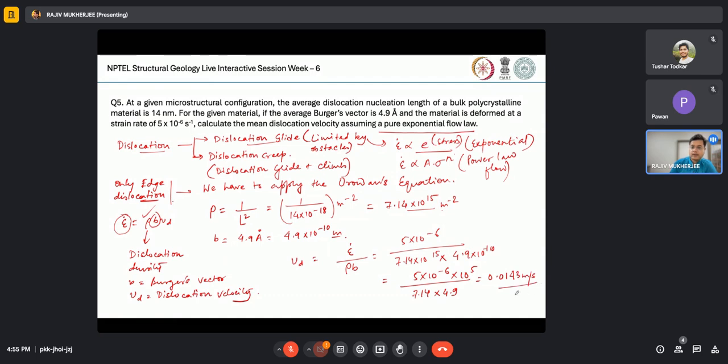So it's near about 1.4 centimeter per second. This is the dislocation velocity. So this is how we can use the Burgers vector and Orowan's equation to calculate the dislocation velocity.